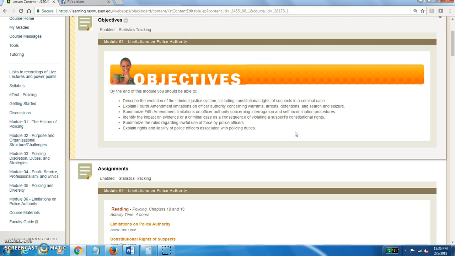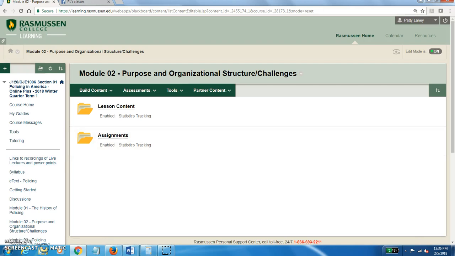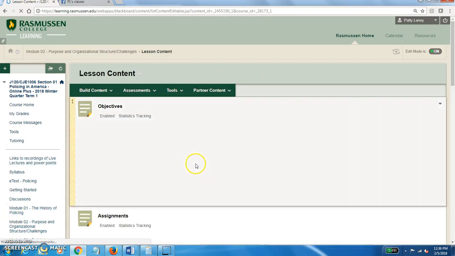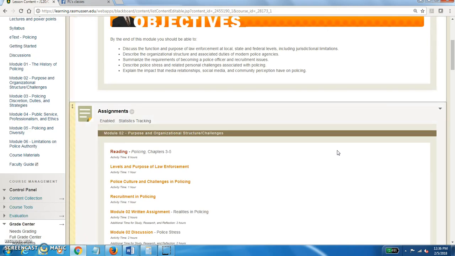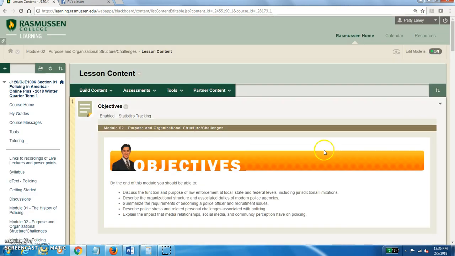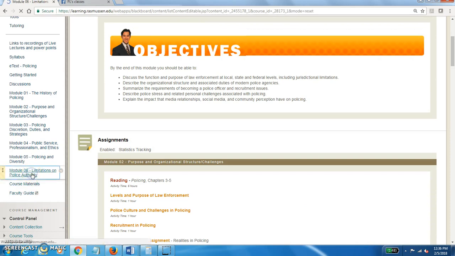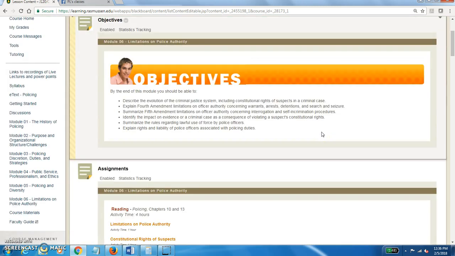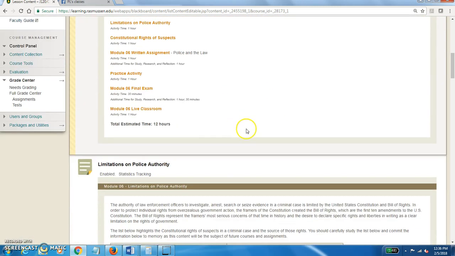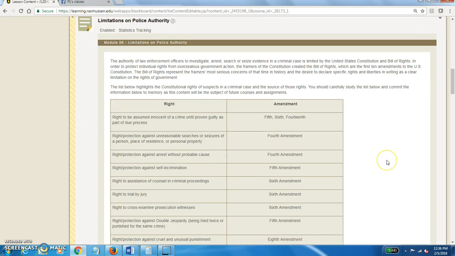Those encounters may develop as part of investigating a crime, responding to a crime in progress, but it's really those interactions that create a lot of case law regarding criminal procedure. So obviously law enforcement officers have limits on the authority to gather information related to crimes.